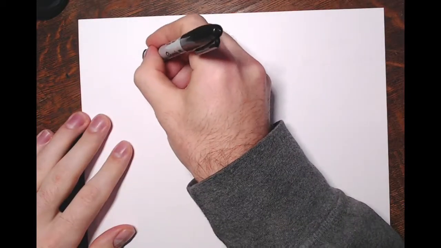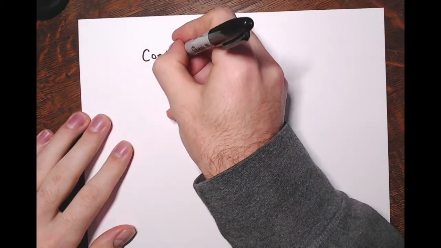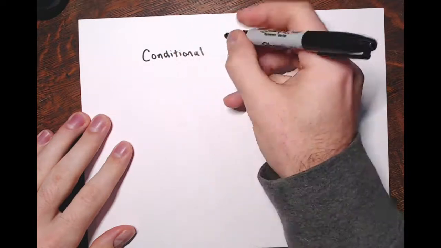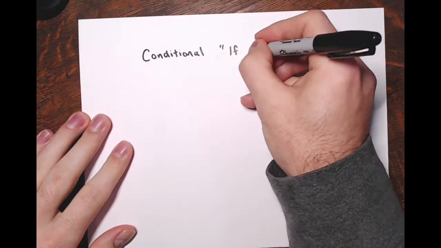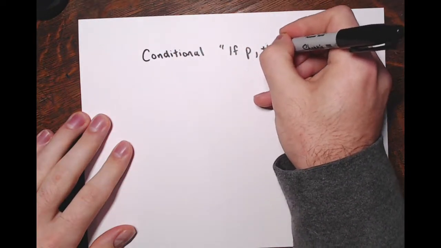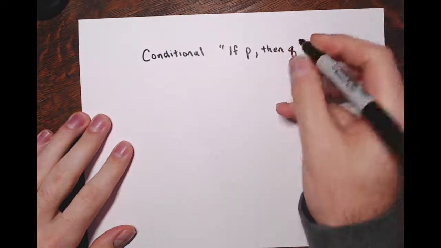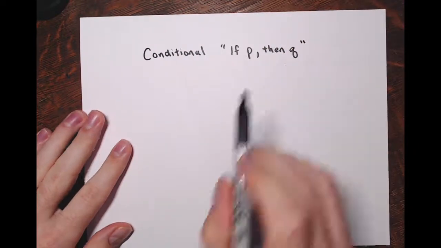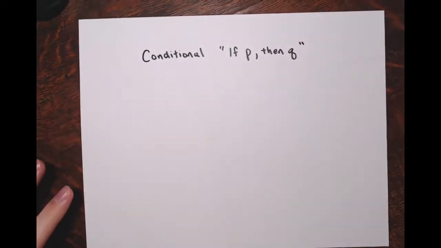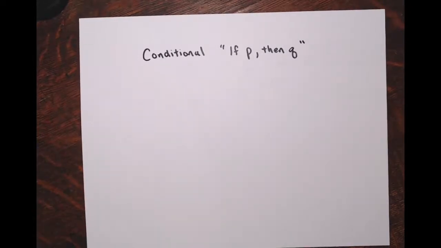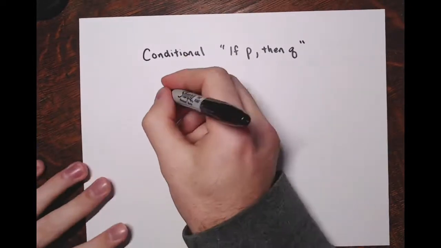Okay, so this is a conditional statement, the if P then Q, where again, P is called the hypothesis, Q is called the conclusion. So truth tables, right?